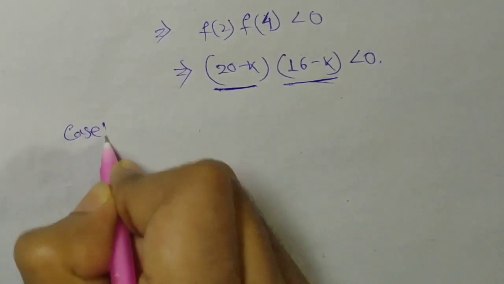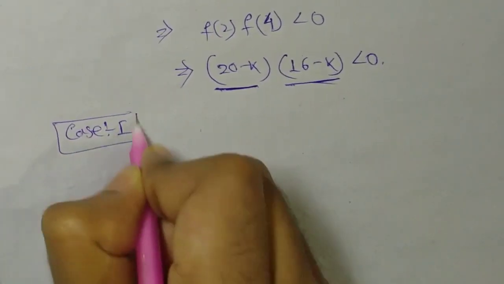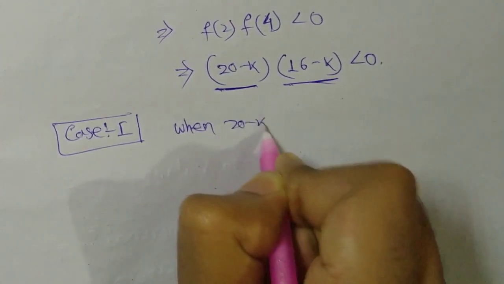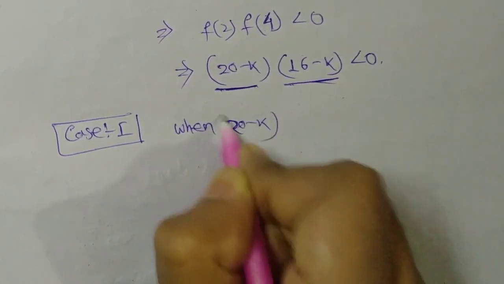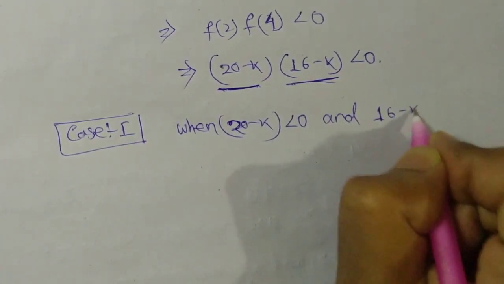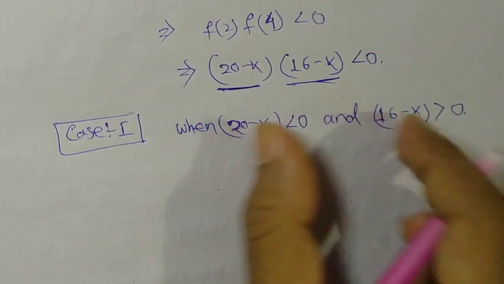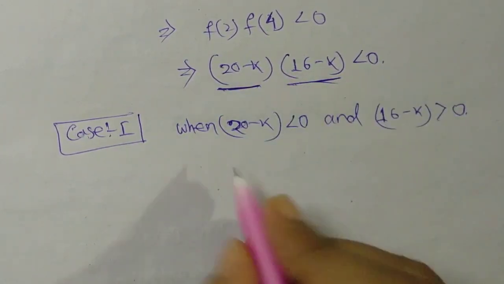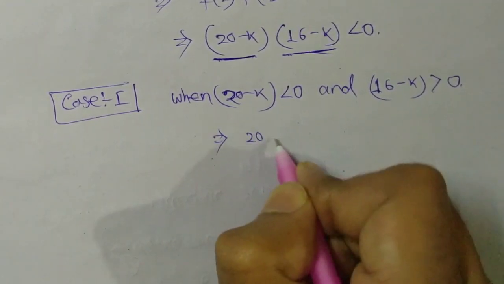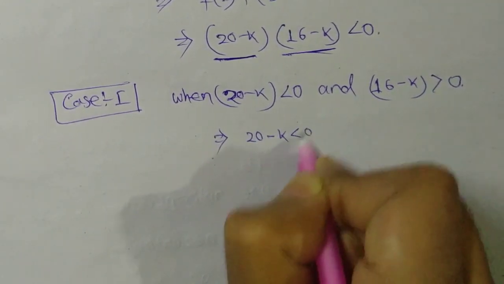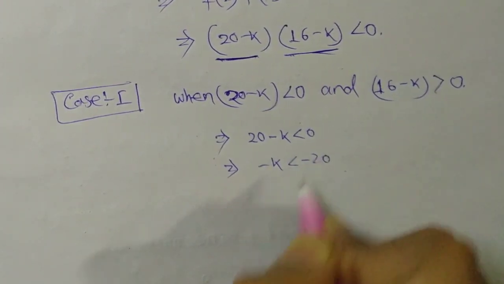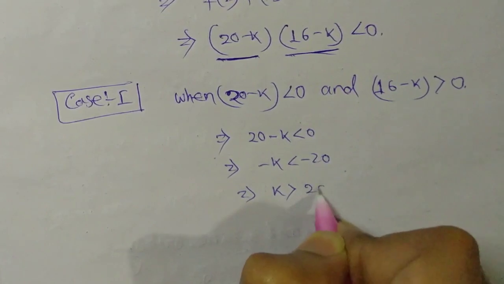Suppose case 1: when 20 minus k is less than 0 and 16 minus k is greater than 0, then the product of these two factors will be less than 0. 20 minus k less than 0 implies minus k less than minus 20, which implies k greater than 20.